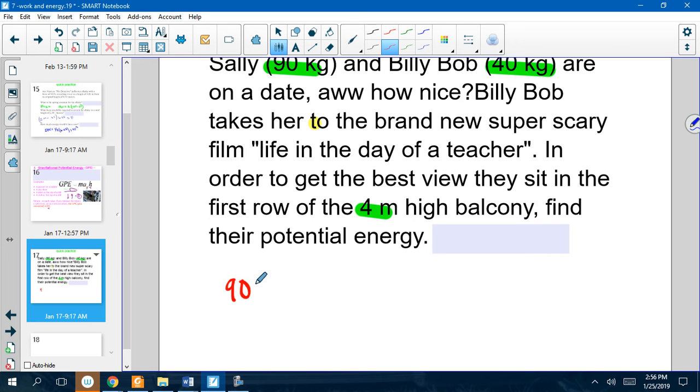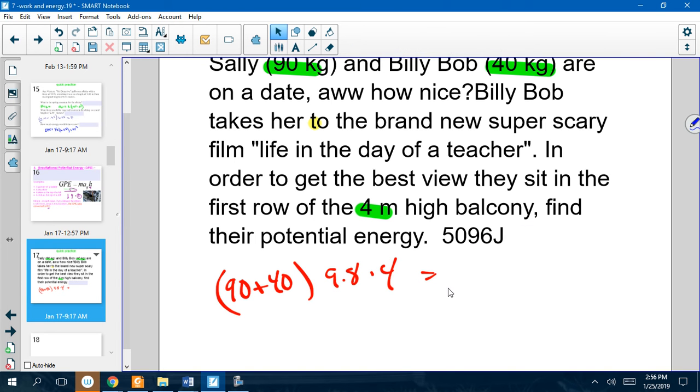Alright, so what we're going to end up doing is we're looking for the total potential energy. So let's take 90 plus 40. I can also take them separately and then add them together, but let's do them together. So 90 plus 40 times 9.8. Remember to keep that positive, times our height, which is 4. And that should give us our potential energy of 5,096 joules.